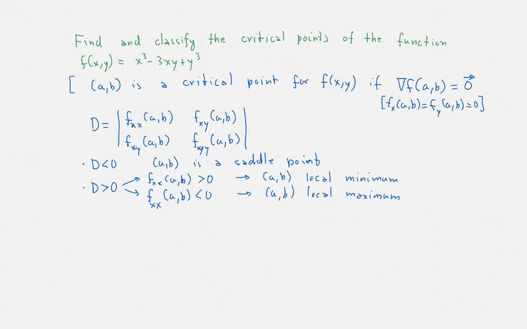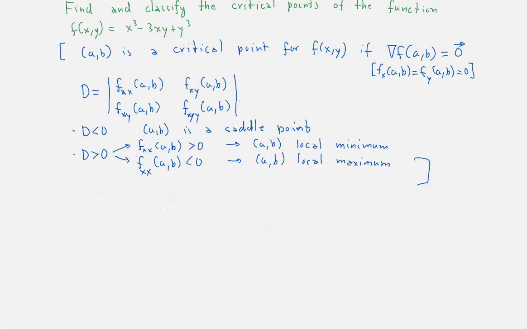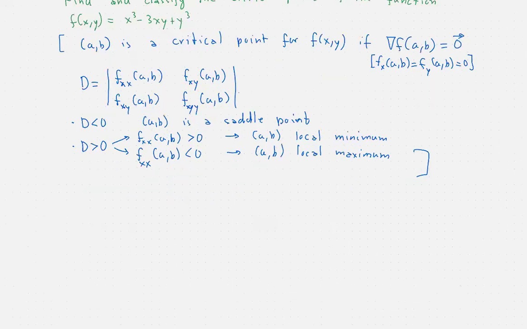We're really sampling a direction. And finally, notice that we have nothing to say about the case that D is equal to 0. In some books, people say that the test is inconclusive, but it's better not to say anything. It's better to understand that this statement is useless for the case that D is equal to 0.